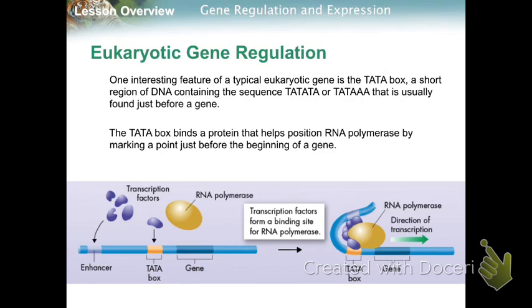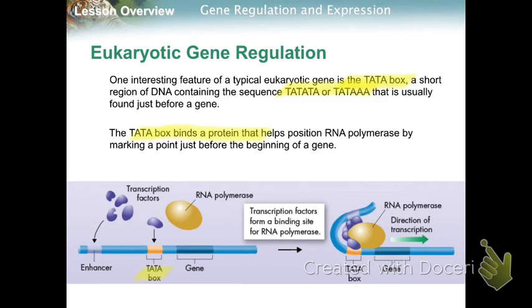In eukaryotes, we have a little bit more complicated situation, as usual with eukaryotes. There's a TATA box. That's the sequence. It contains variants of TATA, and that's found just before a gene in eukaryotes.